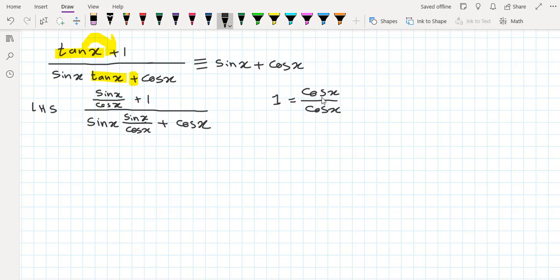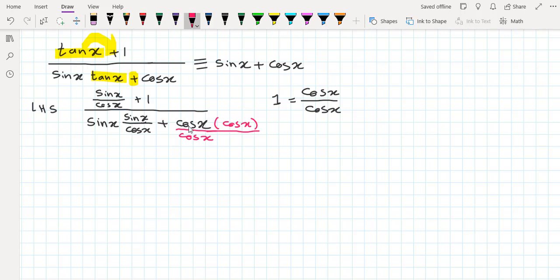And for these two, I'm going to find the common denominator, which is cosine. Since this term has no denominator, I write a denominator for it, which is cosine. Then I write the same denominator next to the term, because if we simplify these two cosines together, we get the original term back.